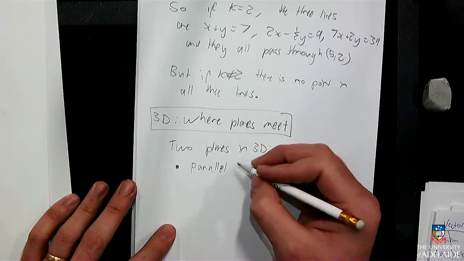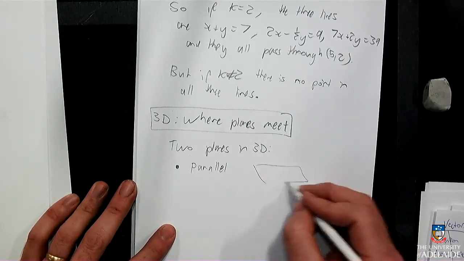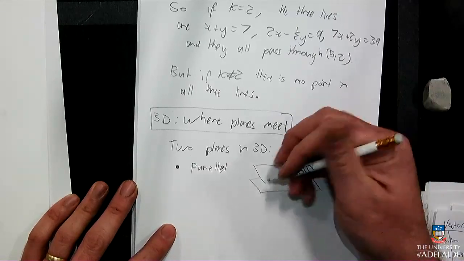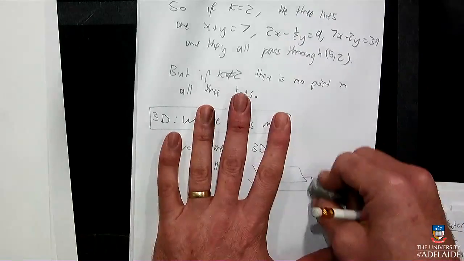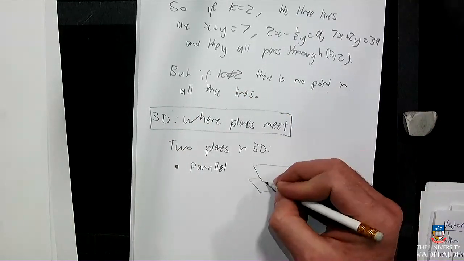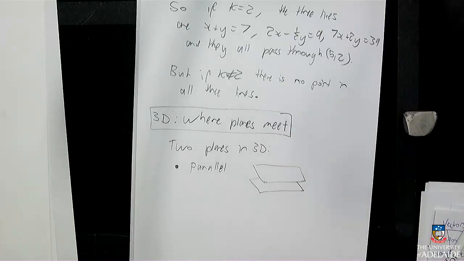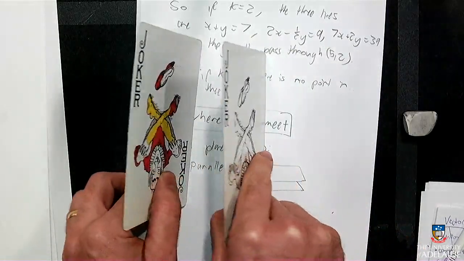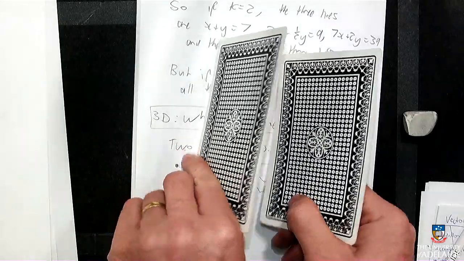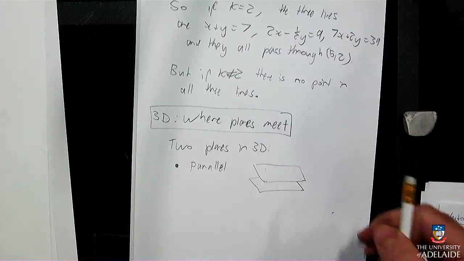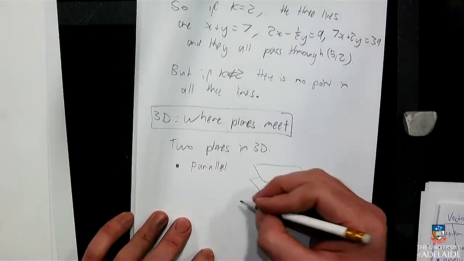We know how to tell that one. That is a bad move because they're different sizes. I mean, technically they both go on forever, so it doesn't really matter. So they could be parallel, so they could look like that, or anything where they're the same direction, and going on forever. In which case there are no points in both planes.